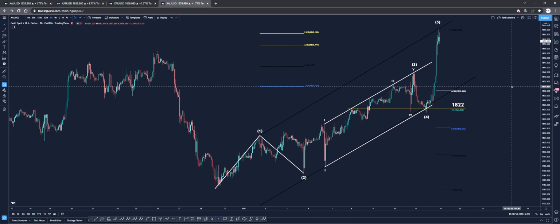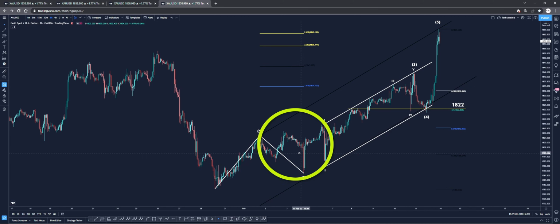If that happens, if they raise interest rates before the March FOMC meeting, then these people who made this flat sideways correction, who were buying gold below 1800, have that insider information. These people know the exact date when they will raise interest rates in an emergency before the next FOMC meeting.